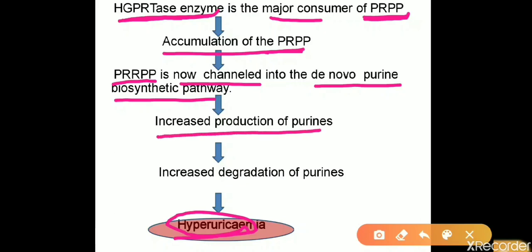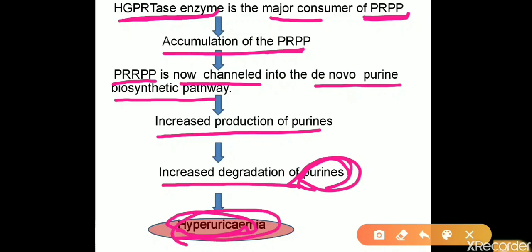Through this de novo biosynthetic pathway, it produces purine nucleotide. So there will be more purine nucleotide, and all this purine nucleotide undergoes catabolism. The catabolic end product of purine is uric acid. So there will be more and more catabolism, and all this produces a high amount of uric acid in blood, and that condition is known as hyperuricemia. So a Lesch-Nyhan syndrome patient will have a high blood level of uric acid.